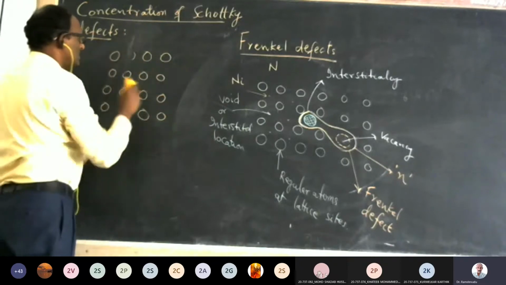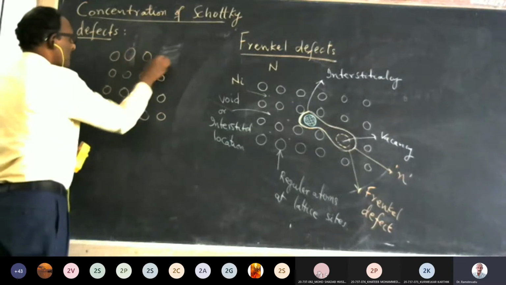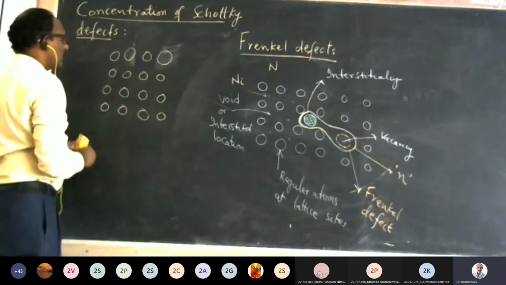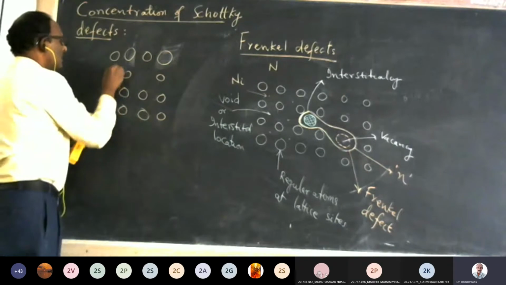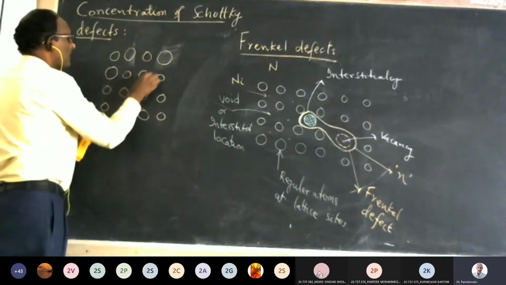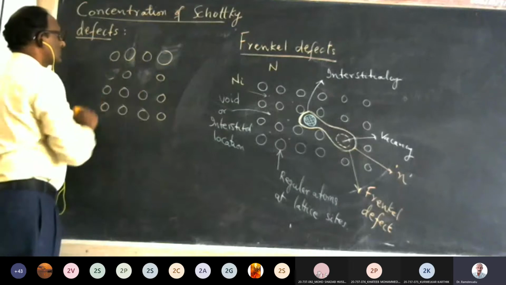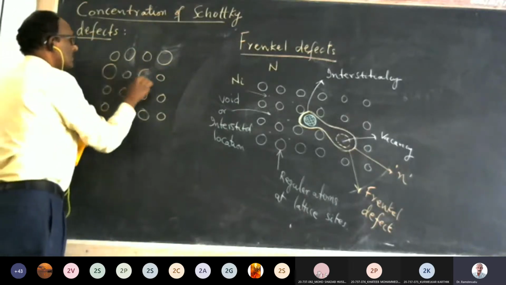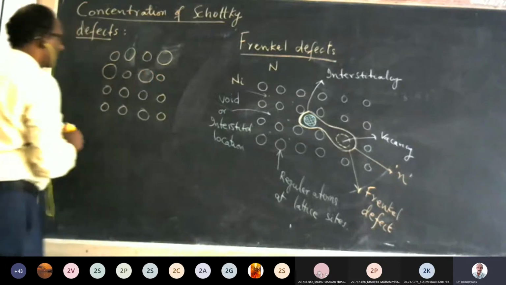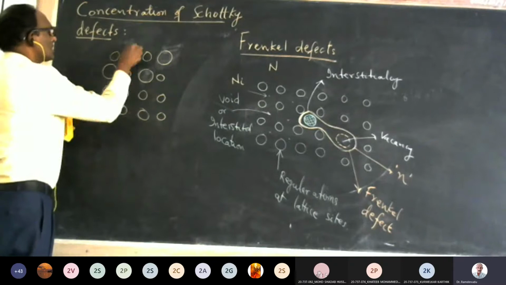So you have to write these bigger in size, because I am taking here an ionic crystal. Ionic crystals generally show these Schottky defects. Therefore, I am writing these as bigger circles.